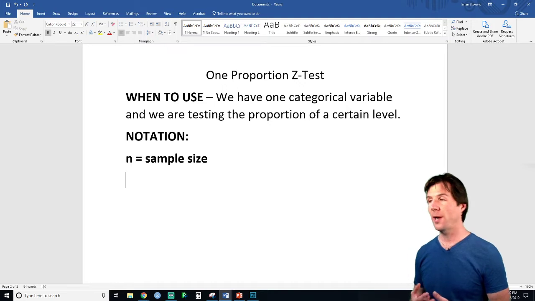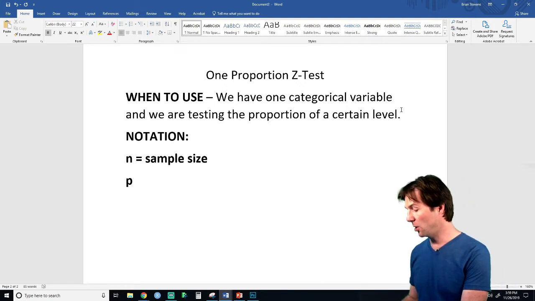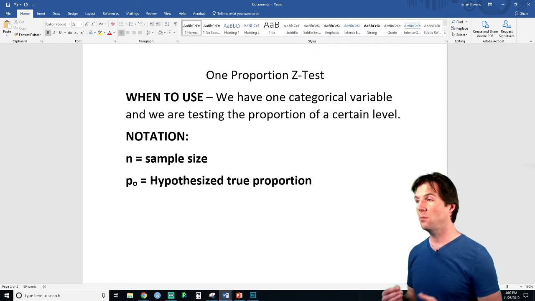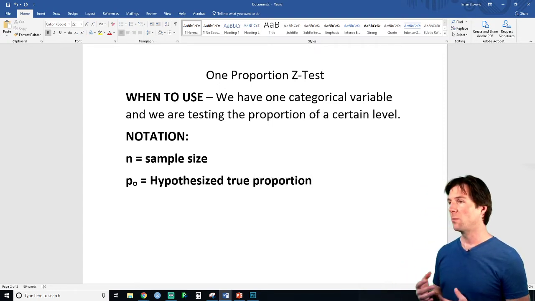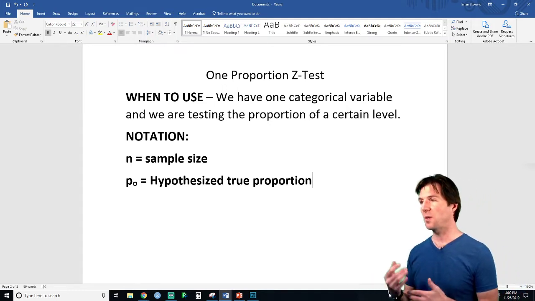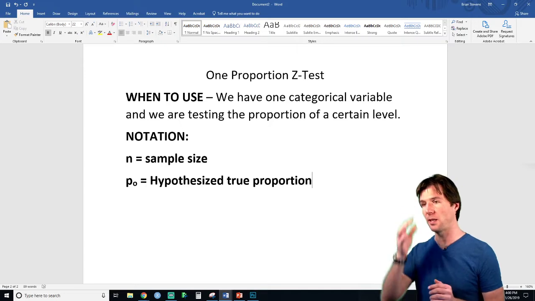And then we also have for this one P naught. P naught is equal to the hypothesized true proportion. You'll notice a theme if you're watching other videos in this. P naught is the hypothesized true proportion, so mu naught would be the hypothesized true mean when we get to another test a little later on.